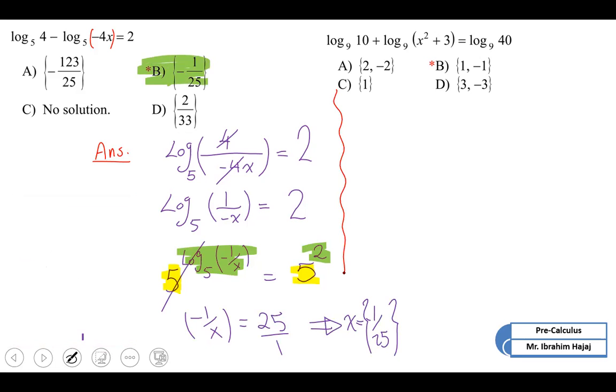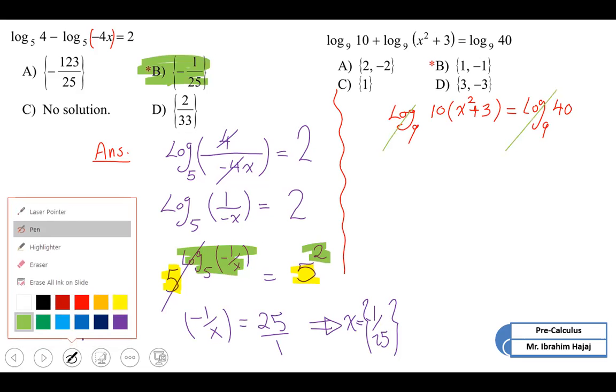Next question here. Log base 9 of 10 plus log base 9 of x squared plus 3 equals log base 9 of 40. So simply write it as a single logarithm: log base 9 of 10 multiplied by x squared plus 3 is equal to log base 9 of 40. Cross out log base 9 from each side.